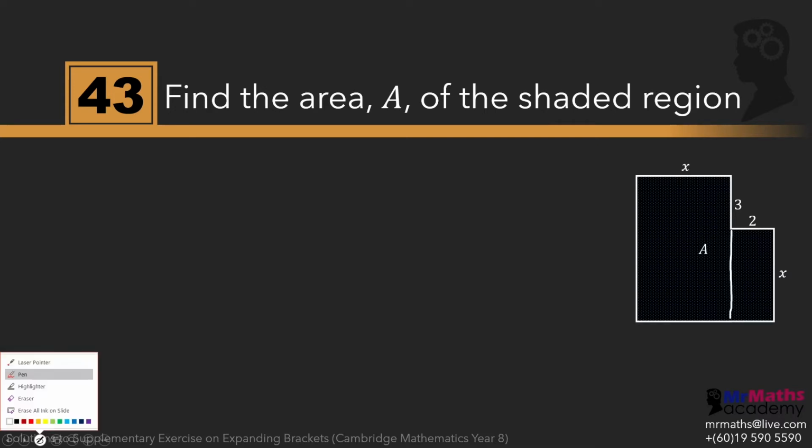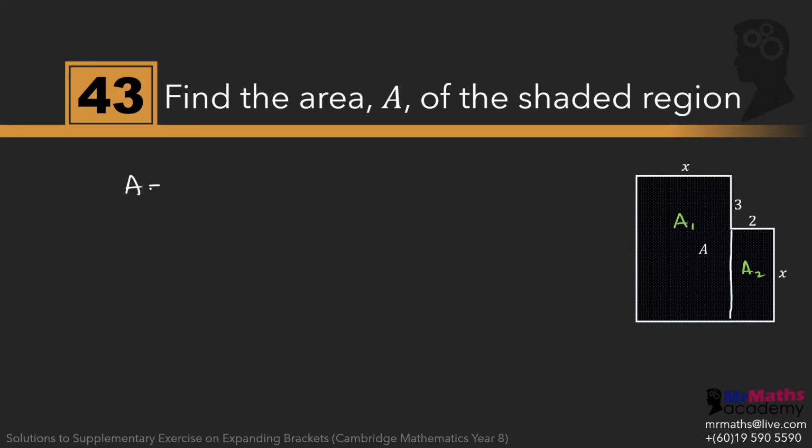I shall call them A1 and A2. And as such, the area A is equal to A1 plus A2, because we have just divided the diagram into two rectangles.